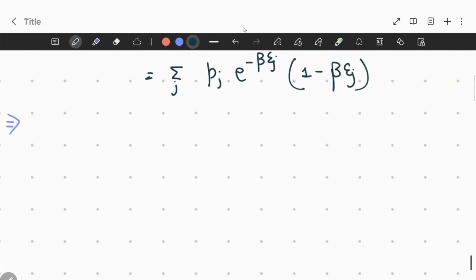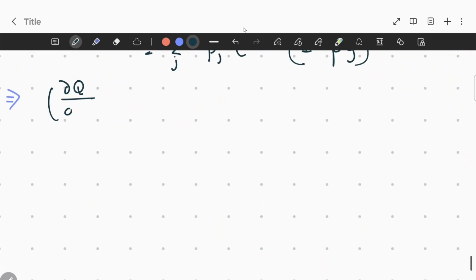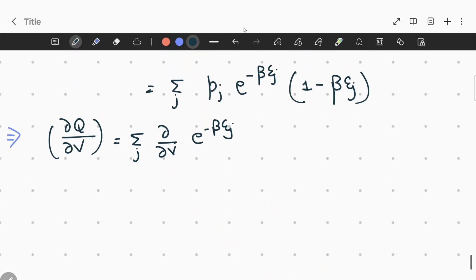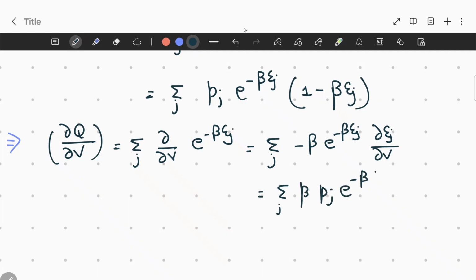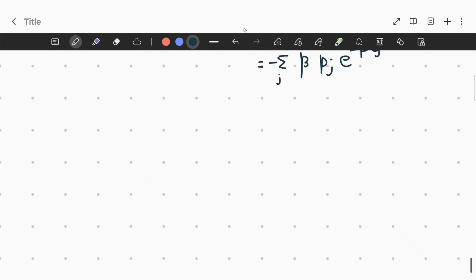Del Q del V we have to calculate. So what is del Q del V? So it is essentially minus. Yes. So now we will put those terms there, and then we will see what happens.